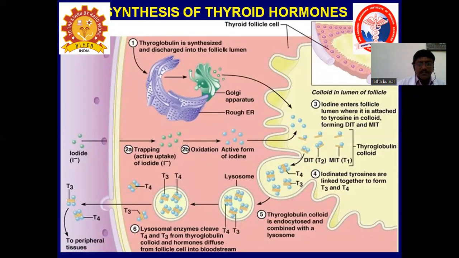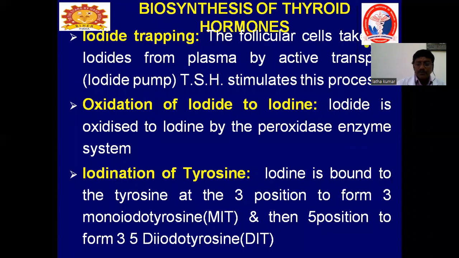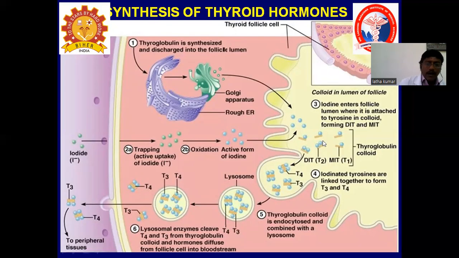After that comes oxidation, then coupling and formation of T3 and T4, which enter the lysosome and move into the follicle cell, and then are released into the blood circulation. This is called the release of T3 and T4. Finally, the lysosomal enzyme cleaves T3 and T4 from the thyroglobulin colloid and the hormones diffuse from the follicle into the bloodstream.